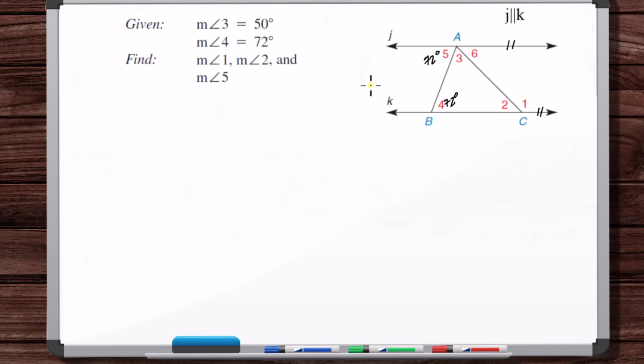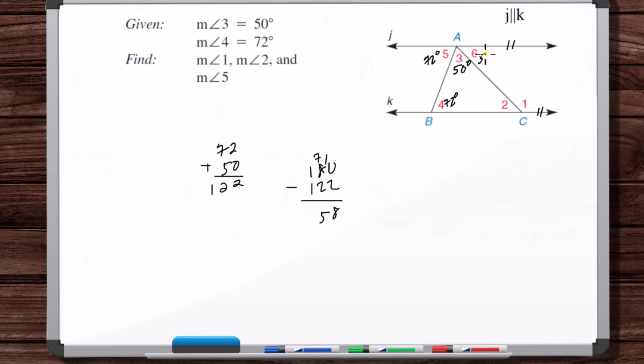Okay, let's see. Measure of angle 3 is 50. Okay, this is 50. Well, we have a straight angle here. 72 plus 50 plus the measure of angle 6 is going to need to be 180. So 72 plus 50 is 122. 180 minus 122 is going to be 58.